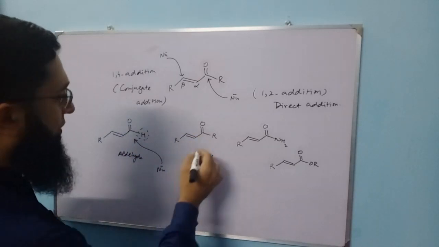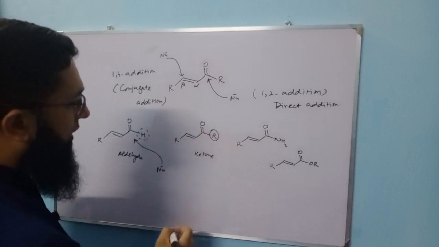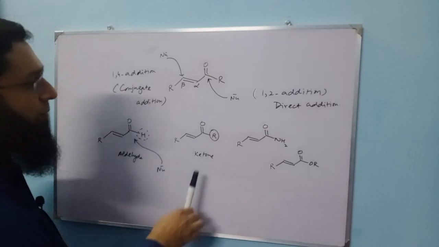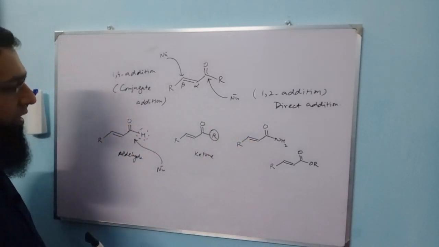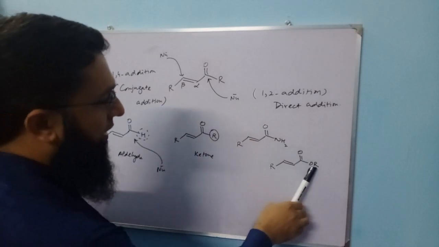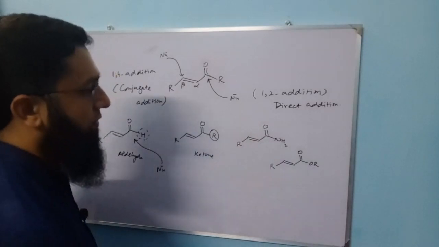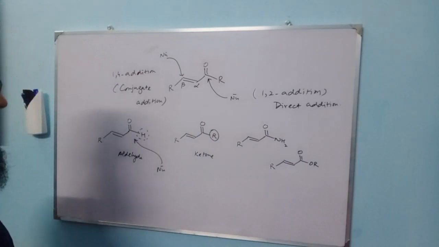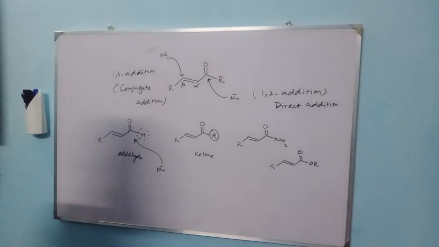Ketone is slightly hindered and on the borderline. It can give 1,2 addition as well as 1,4 addition. However, in case of ester and amide, these are less reactive electrophiles. If the electrophile is less reactive, chances of conjugate addition are increased, and if the electrophile is highly reactive, chances of direct addition are increased.